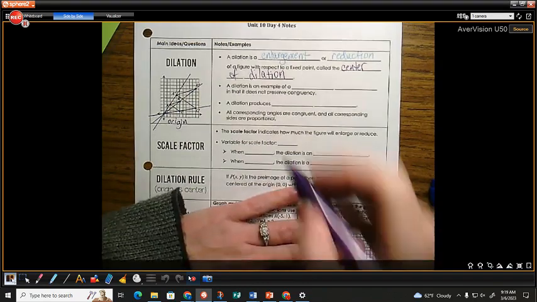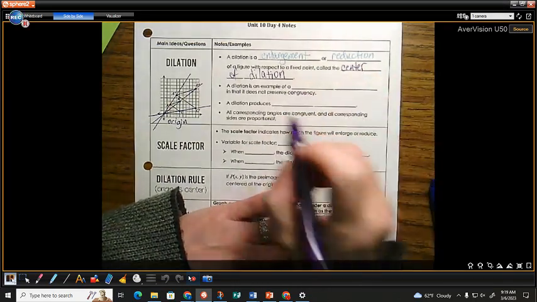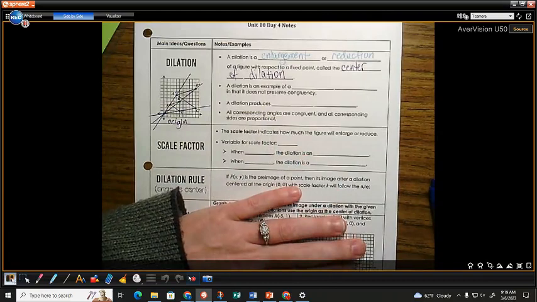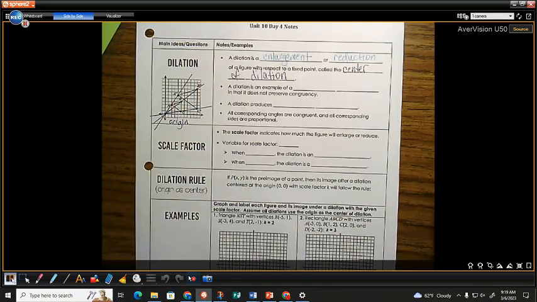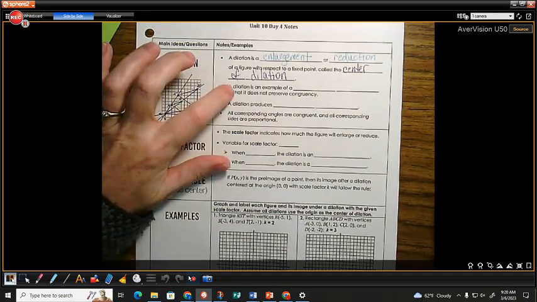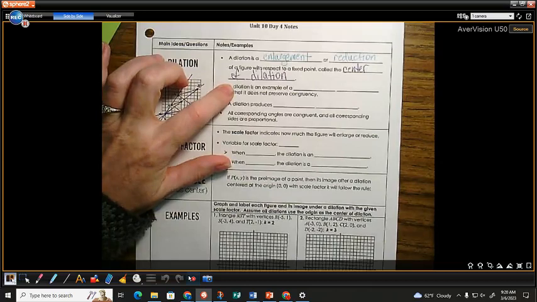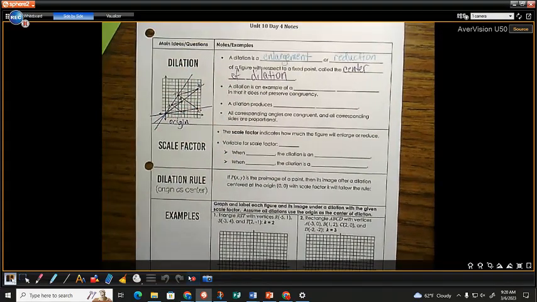Okay? Now, a dilation does not preserve congruency. It preserves shape, but not congruency. Now, we had something to call things that did preserve shape and size. Well, similar is what the shapes are, but what is the kind of transformation that does not preserve congruency?